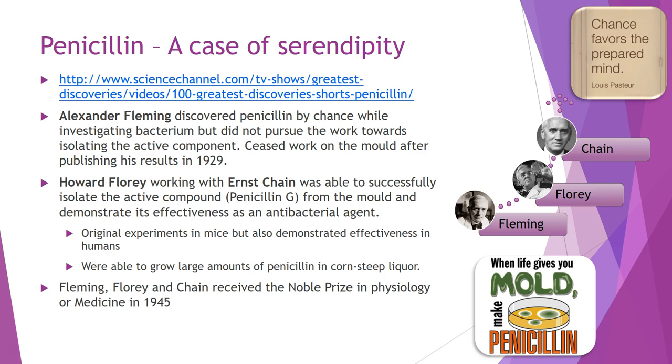So Chain in particular was able to grow large amounts in corn steep liquor, rather than through the fungus itself, which allowed us to have large amounts of penicillin. They were awarded the Nobel Prize in Physiology and Medicine in 1945, and the discovery of penicillin and its widespread use really made the difference, particularly in treating wounds in the Second World War.